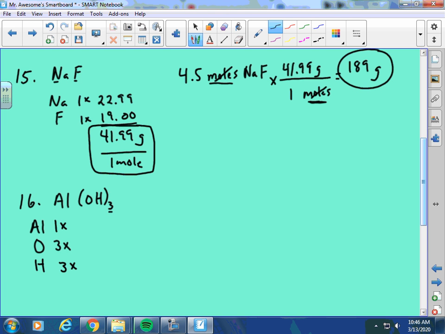So I'm going to look at the periodic table now, and I'll see that each aluminum atom has a mass of 26.98. And there's just 1 of them, so it's 26.98. Oxygen, each oxygen has a mass of 16. But if there's 3 of them, I got to do 16 3 times. So it's going to be 48.